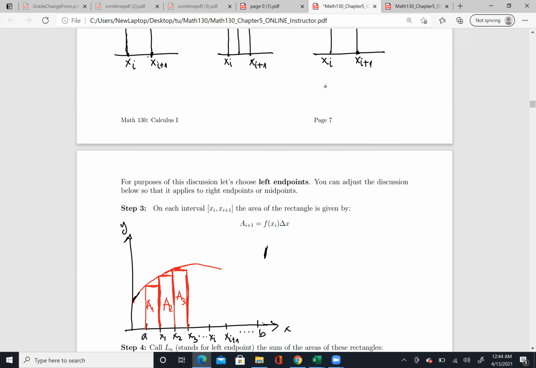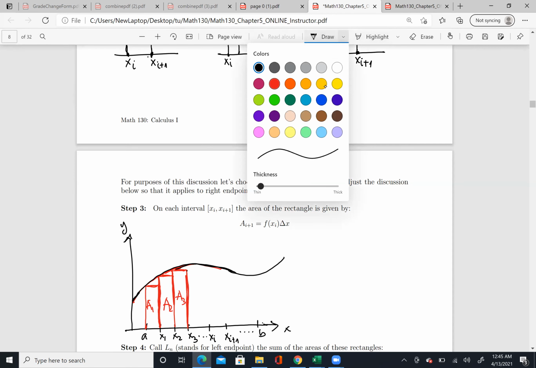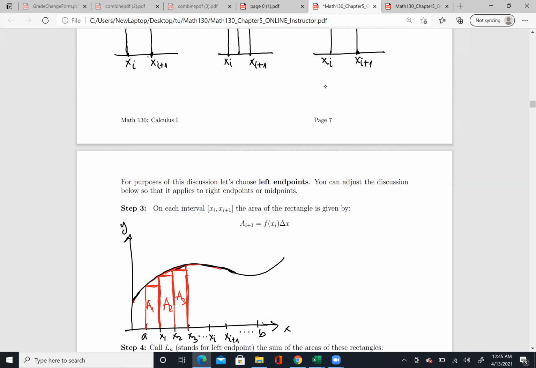So I have this, okay. And then, so now I change this, so I have A4, I mean, this guy, somewhere here, A4.